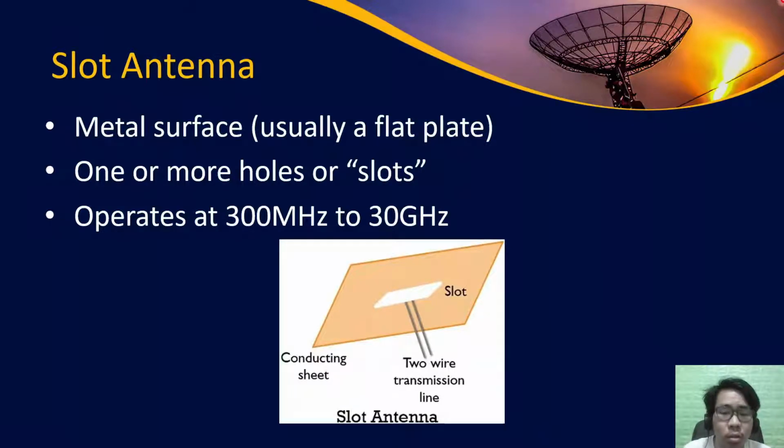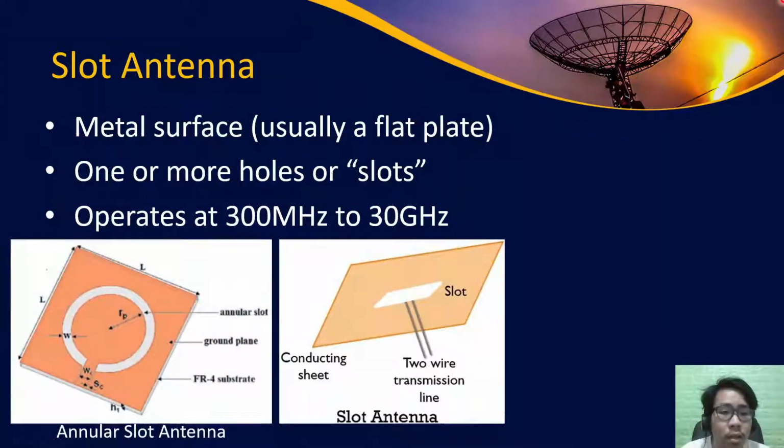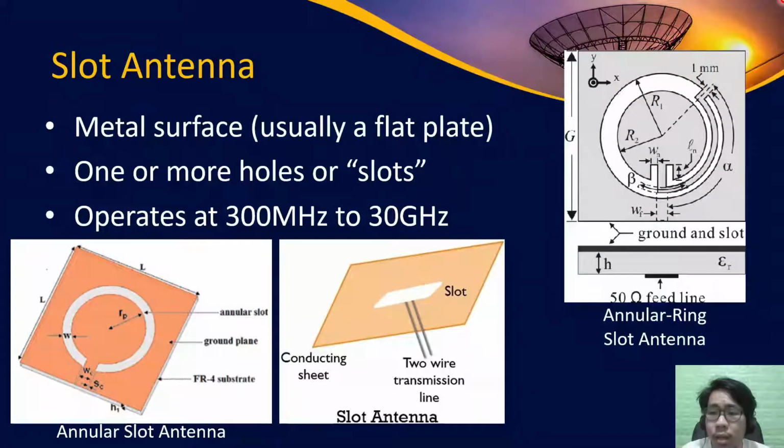But we can also have any kinds of shape, such as the annular slot antenna, so the slot inside the metal surface is circular in shape. Or we can have a more complicated shape, such as the annular ring slot antenna. So it is kind of like a circular but a more complicated kind of shape.